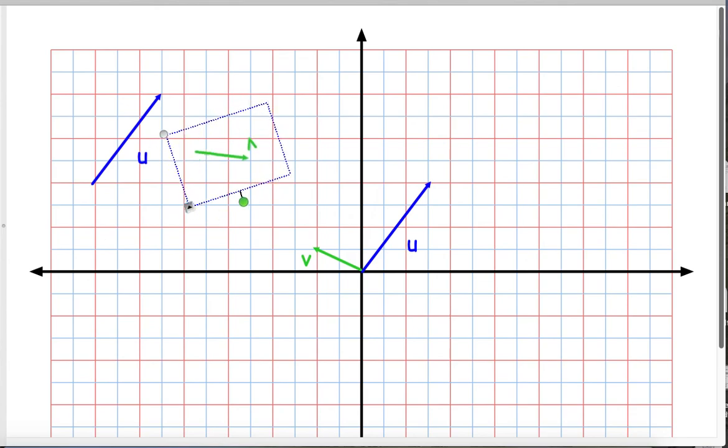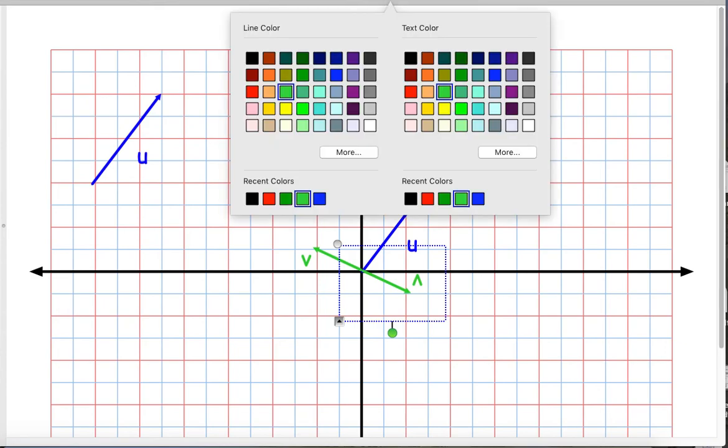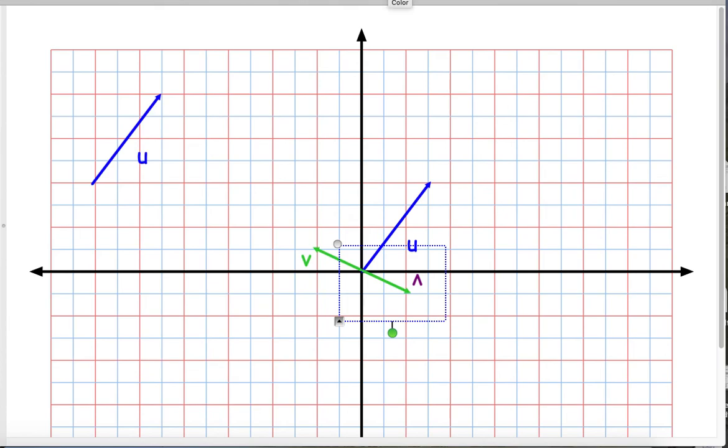So the opposite of v is going to be that vector. Maybe I should change the color. Let's make it, oh, I don't know, purple. So that's negative v. And so when I do u plus negative v, I'm going to wind up with that resultant vector, which goes from here to here. So that's going to be u minus v.